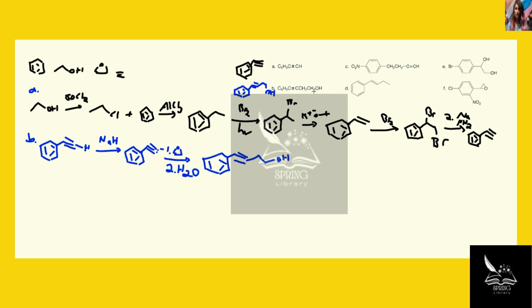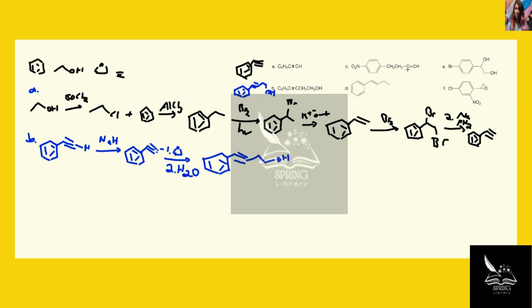So what about for C? So let's see for C. In C, we have a nitro group, and then we have 3 carbons, and then our triple bond.